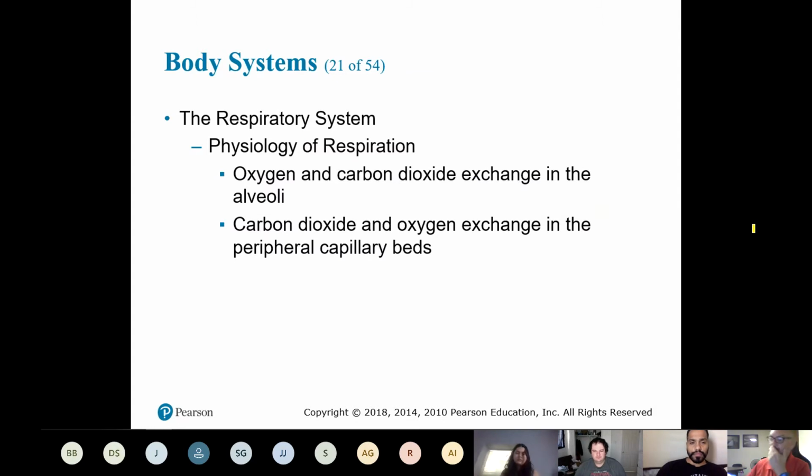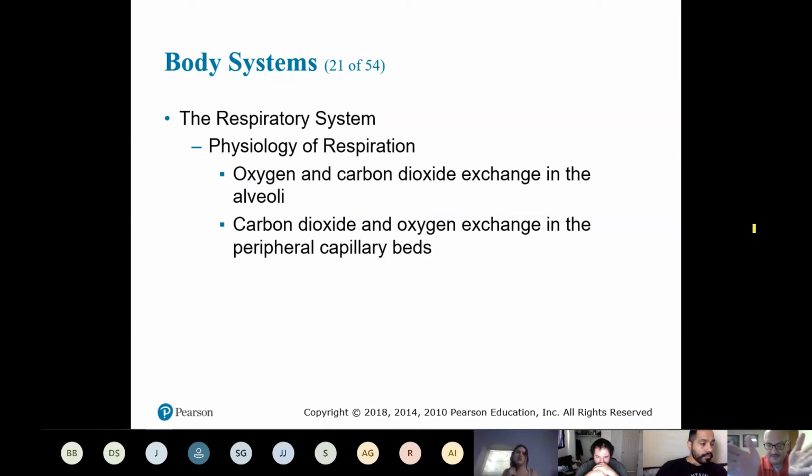All right. Now, the physiology of respiration. We said how the oxygen goes in, right? And so once it goes down the trachea, where does it go? Before the lungs.